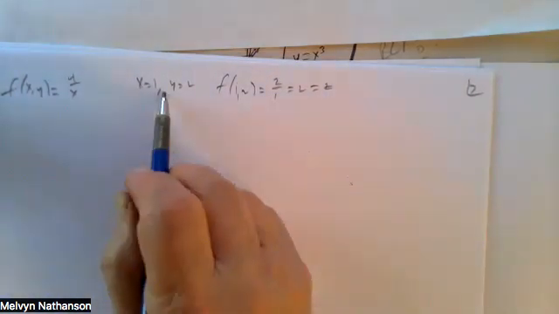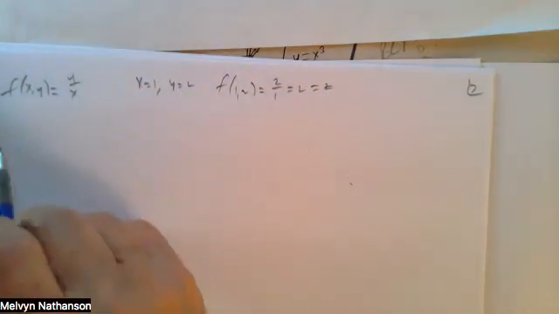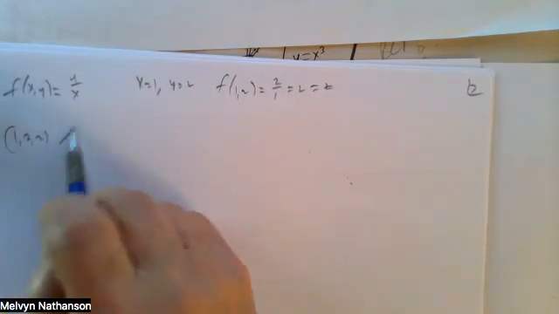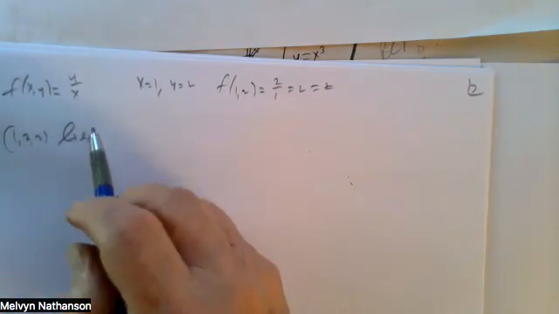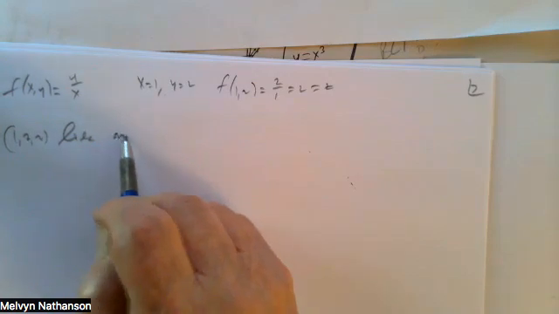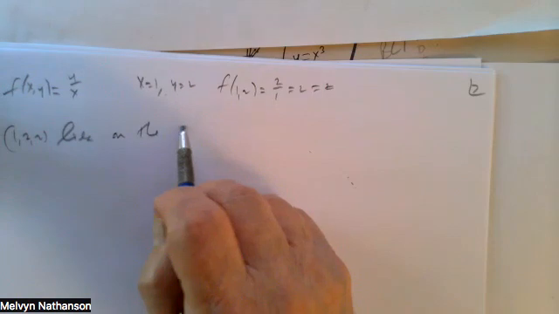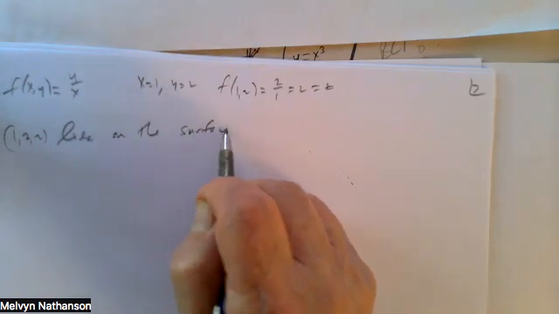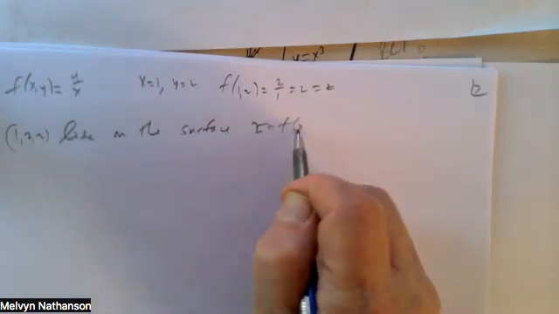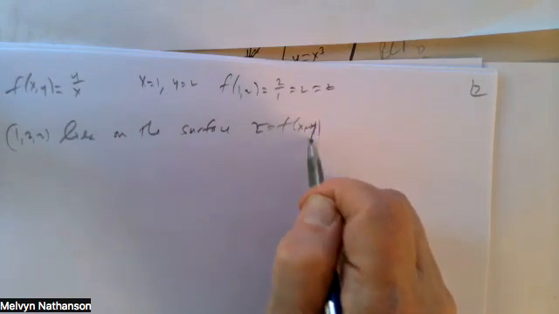So the point 1, 2, 2 lies on the graph of the function. It lies on the surface z equals f of x, y. We want to find a unit normal vector to the surface at this point and an equation of the tangent plane.